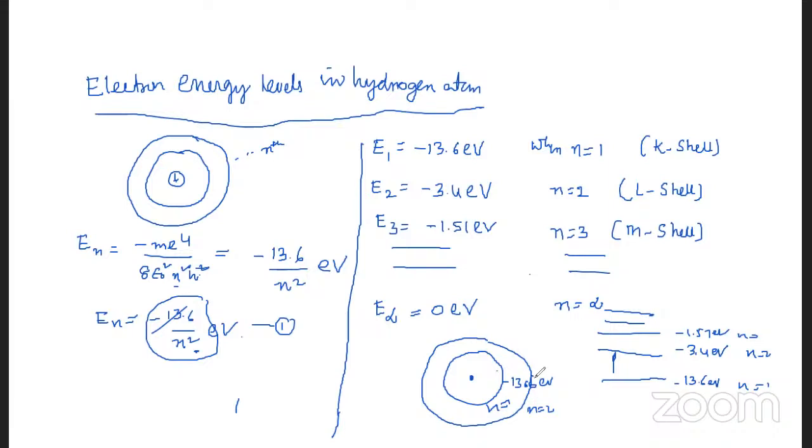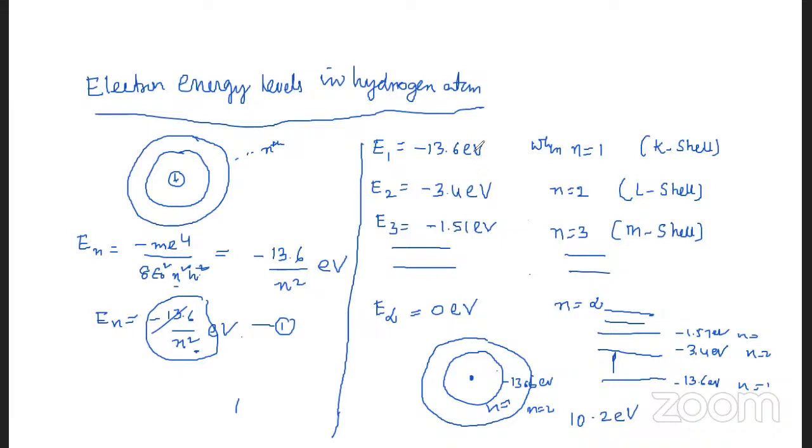Suppose the electron in this orbital absorbs an energy of 10.2 electron volts. As is obvious from the energy level diagram, the energy equals the difference between the two states, energy state 2 and energy state 1.